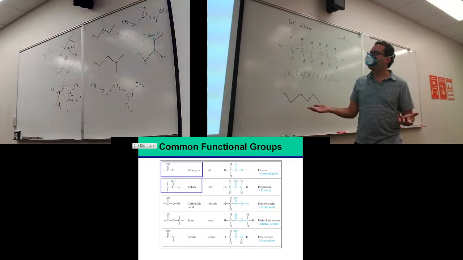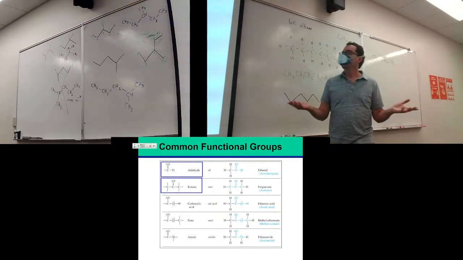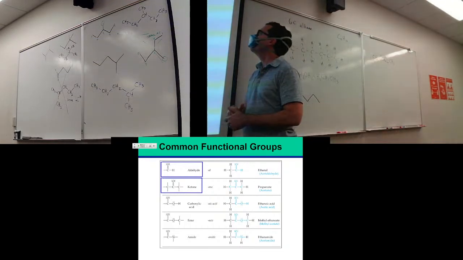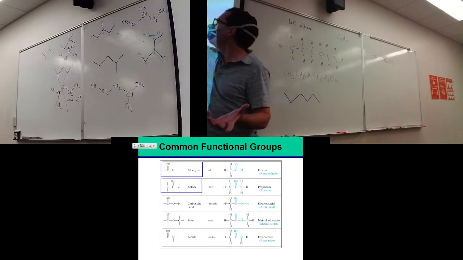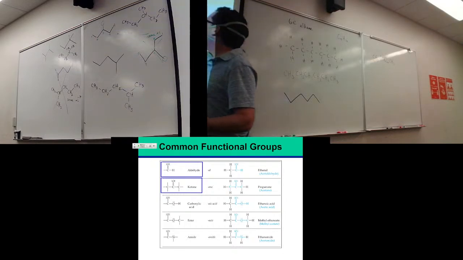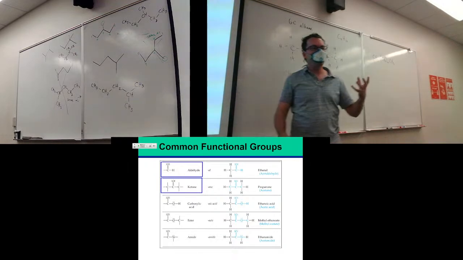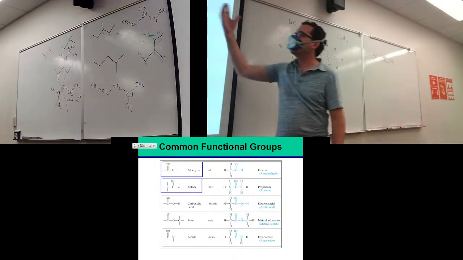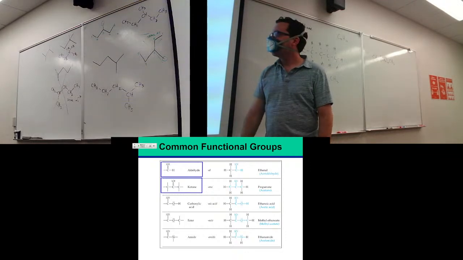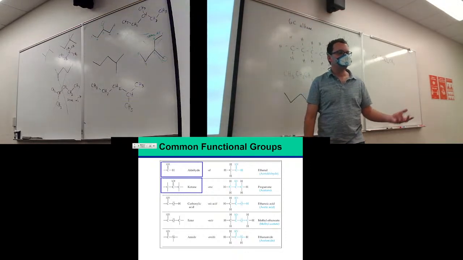So the formal name is propanone, but we know it as acetone. So notice that the formal names still have the number of carbons in their beginning, prop meaning 3, and the ending indicates the functional group. ONE, ketone. AL, ethanal, aldehyde. OL, alcohol, ethanol.